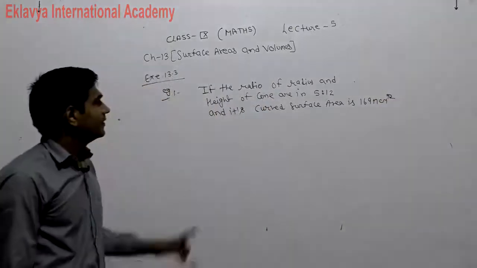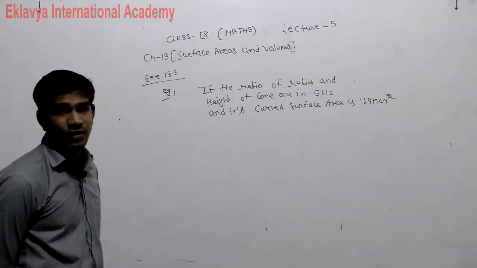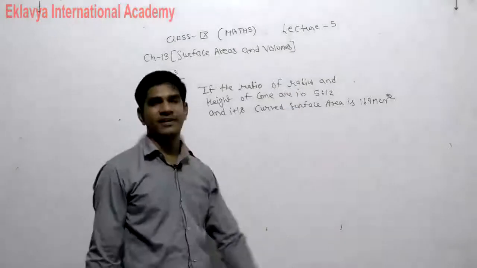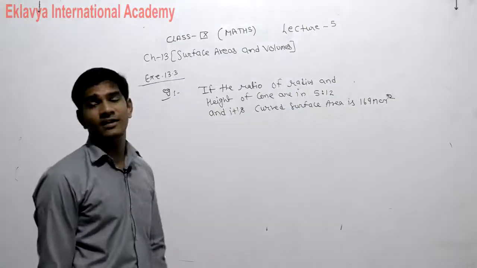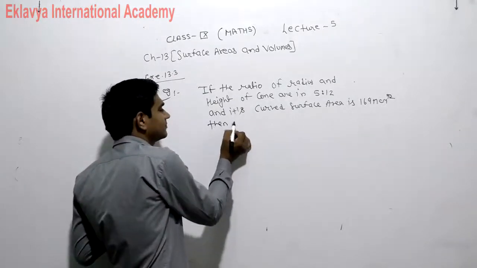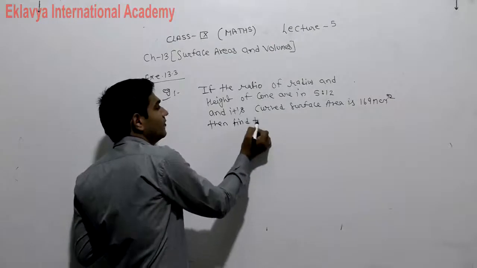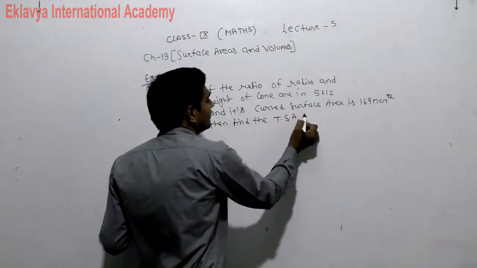If the ratio of the radius and height of the cone is 5:12 and its curved surface area is 169 pi centimeter square, then find the TSA of the cone.